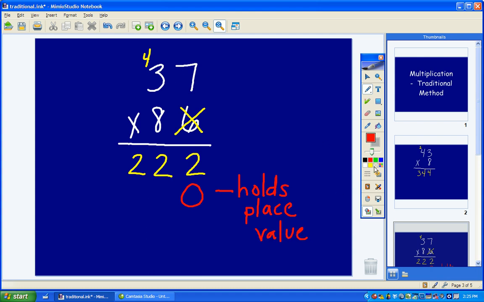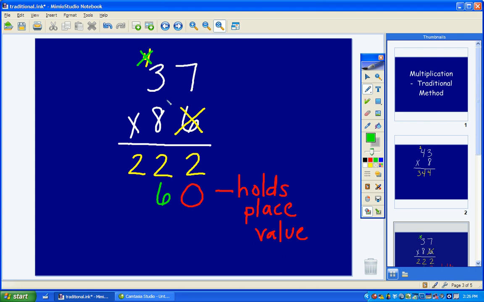Okay, now let's go on. And like I said, we're multiplying by the tens place now. 8 tens, which is 80, times 7 would be 560 or 56. Well, up here I already had a number. You have to get into the habit of marking that guy out so you don't try to use him again. This is where this traditional method gets so confusing because you got to remember what to do and what steps.